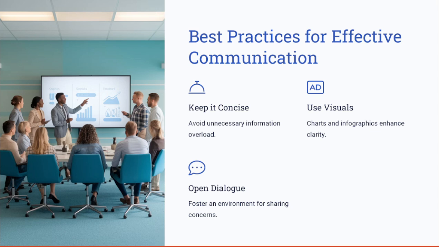It's as simple as that. Avoid overloading the stakeholders with unnecessary information. Use visuals, like charts, infographics, or dashboards, to enhance clarity and transparency between you and the stakeholders. And encourage open dialogue by fostering an environment where the stakeholders feel comfortable sharing their concerns and needs.